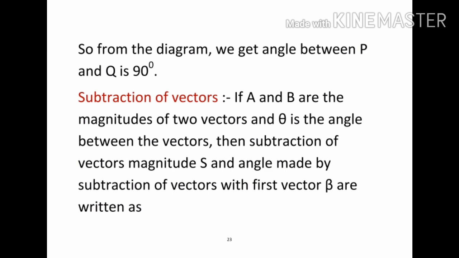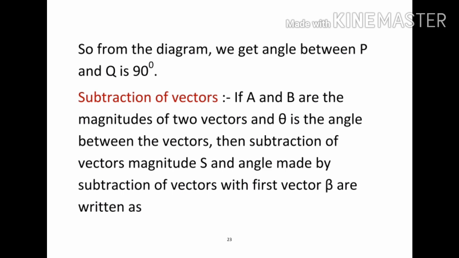So to find the subtraction of two vectors, again we need two vectors. The two vectors are taken as A bar and B bar, and the angle between the two vectors is taken as theta. The subtraction of the two vectors is denoted by S bar, and its magnitude is taken as S. And the angle made by the subtraction of the vectors with the first vector is taken as beta.